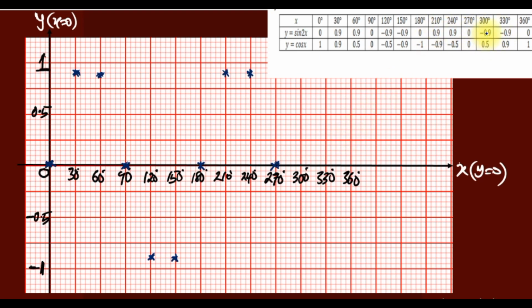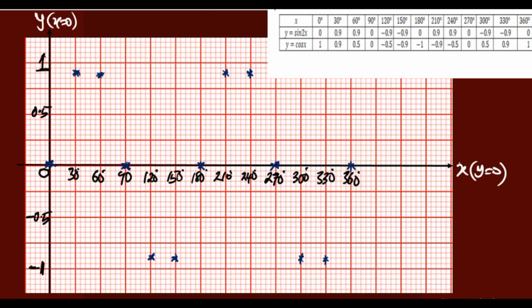For 300 it is minus 0.9, so we'll go down 18 times, 1, 2, 3. For 330 it is the same, negative 0.9, 1, 2, 3. For 360 it is 0.